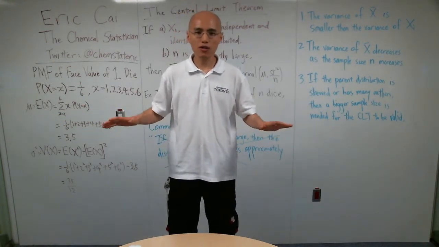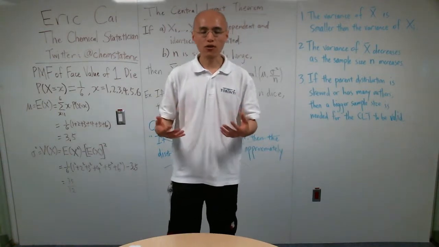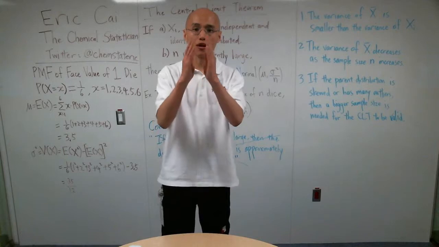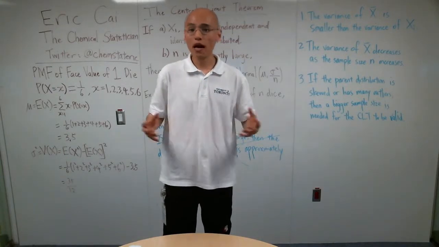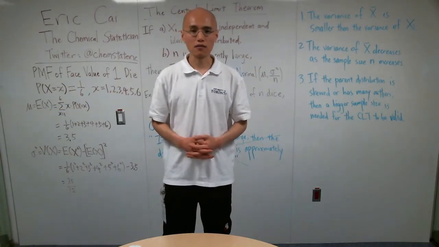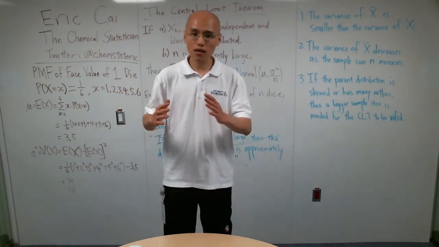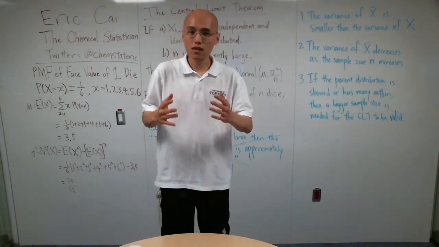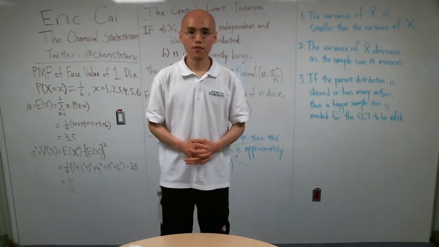So it's going to take a bigger sample size for your average to show a lower proportion of extreme values and a higher proportion of the middle values. It all has to do with the fact that you're starting out with more extreme values in the first place. That's okay. You're still going to get to a normal looking distribution for your average. You're just going to need a bigger sample size to get there.